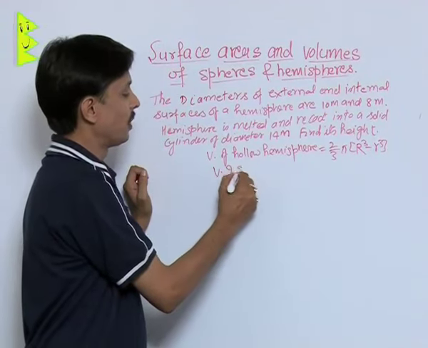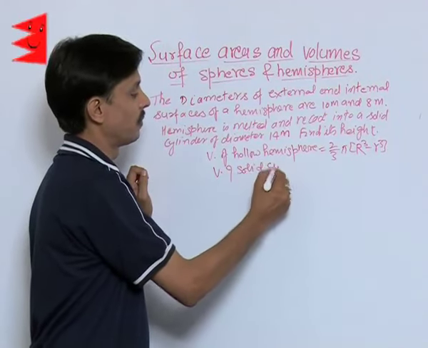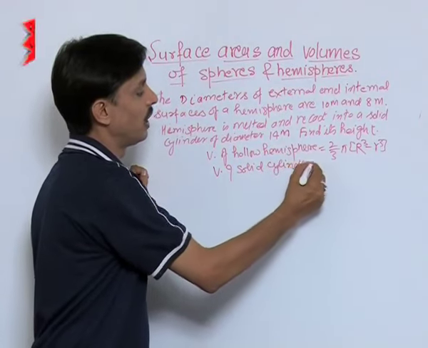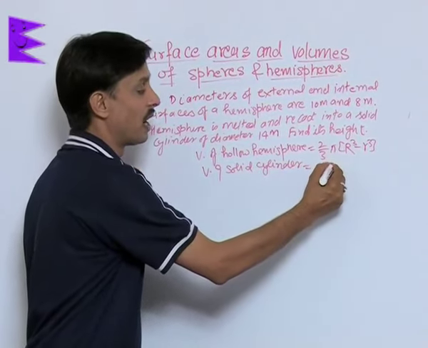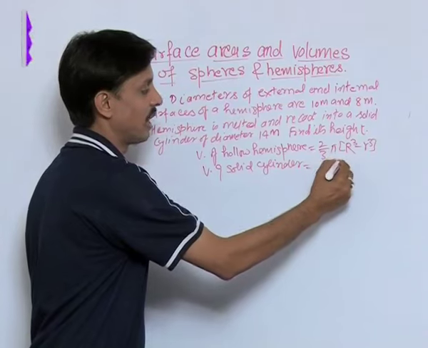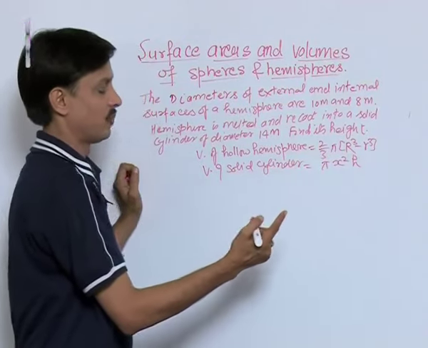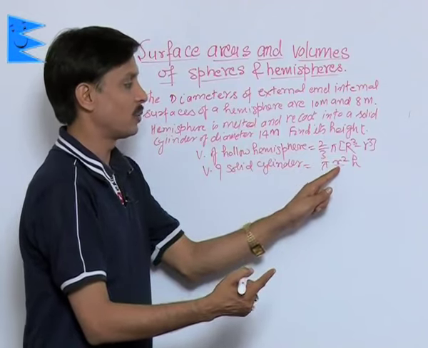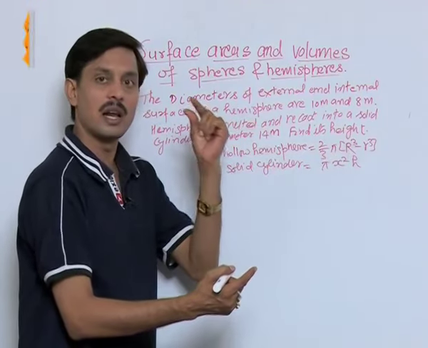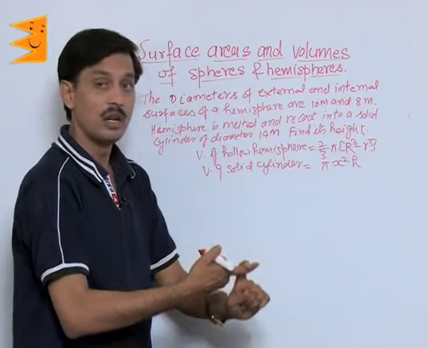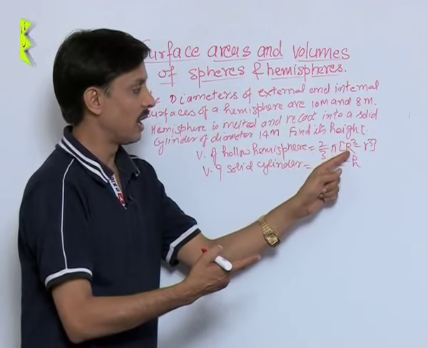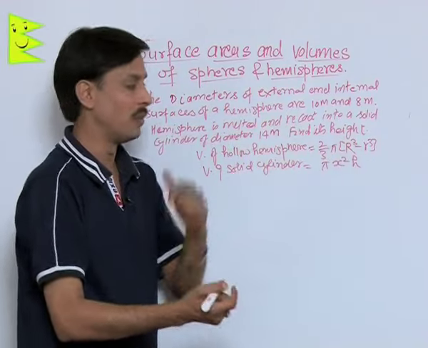Volume of a solid cylinder is given by pi, you can say radius is x, then x square, and if height is h, then h. Why am I taking radius x? Because capital R and small r are used for the radius as external and internal of the hemisphere.